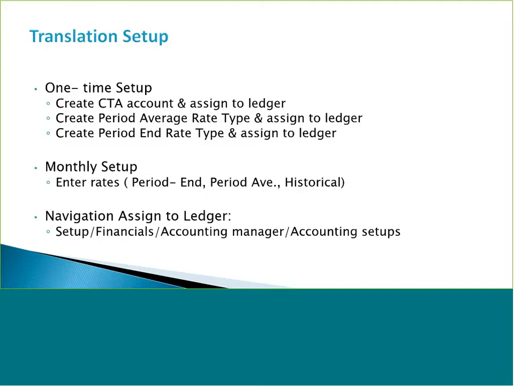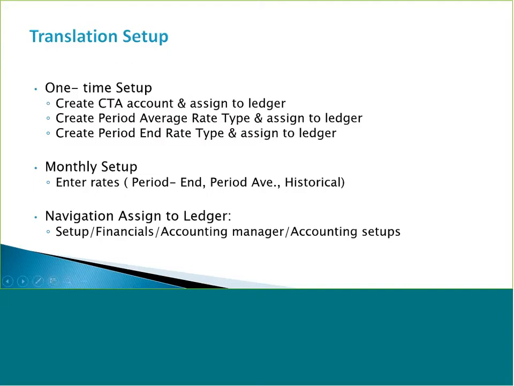We then need to create a period average rate type, and then we also need to create a period end rate type. So the period average rate type will be used to translate the balances in the income statement accounts, right? The revenue and expenses accounts, and the period end rate we said is used to convert the balance sheet accounts, the assets and the liabilities.